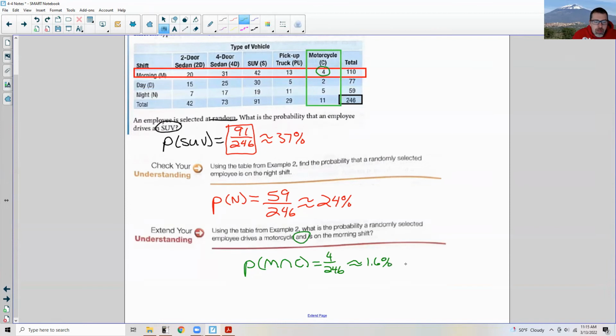Okay, so this symbol here just means intersect, meaning and. So the probability of morning shift and motorcycle is 4 out of 246, which is approximately 1.6%.